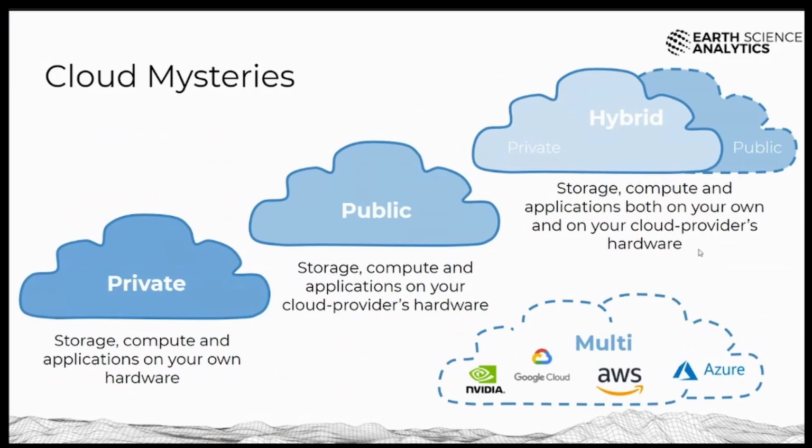Some of the operators in oil and gas have been a bit reluctant to go to public cloud, partly because of worries about cost and partly because of worries about data security. And then we can bring in the concept of hybrid.